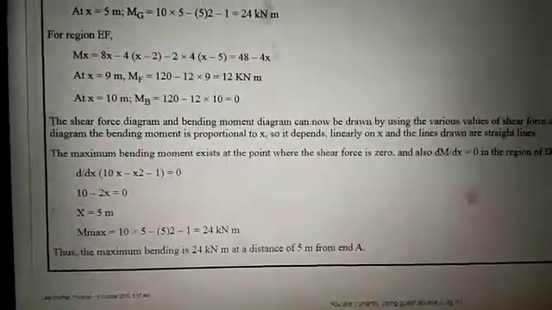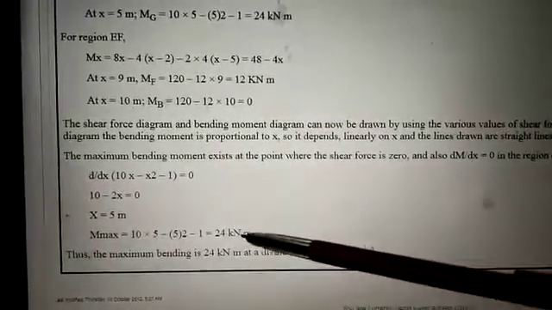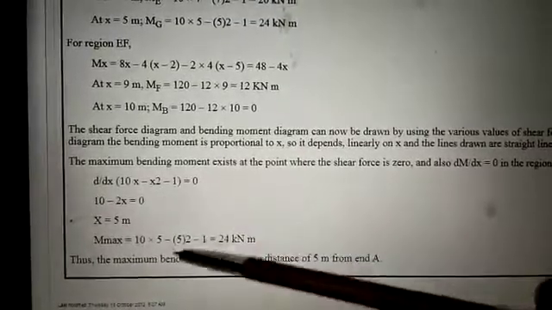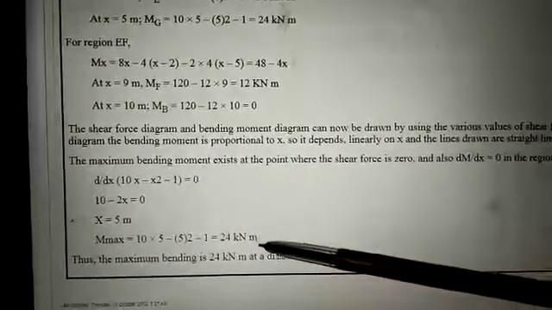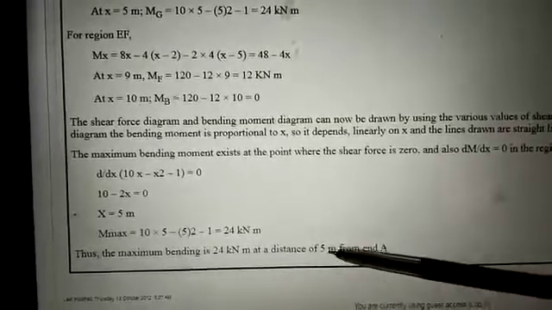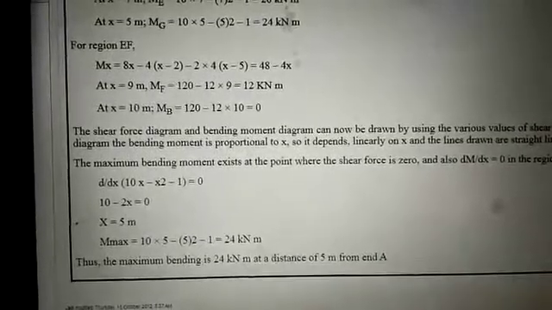So this equation will be this. So x is equal to 5 meter. We obtained the maximum bending moment. We will put the value in the equation. We obtained it as 24 kilonewton meter. So at a distance of 5 meter from A, we obtained the maximum bending moment, which is 24 kilonewton meter.